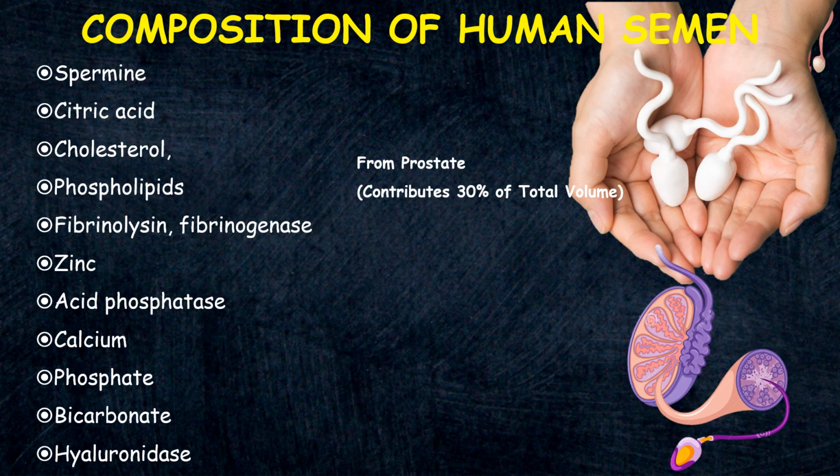The sperms become motile after the lysis of the coagulum. And then there are secretions from the bulbourethral gland and other mucous glands. They account for only a very small amount of the semen volume. These secretions provide the mucoid consistency to the semen after puberty.